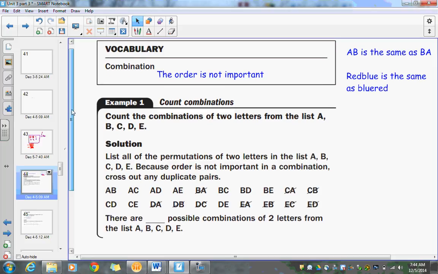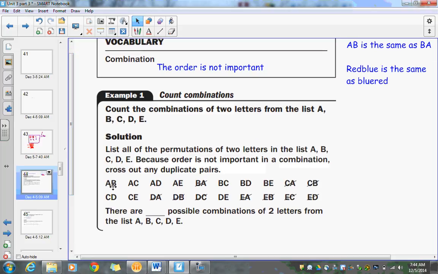All right, let's look at this example here. Now, you have 20 two-letter combinations or pairs. If you notice, some of the groups have been crossed out because we're dealing with duplicates. Notice here, AB, which is right here, and they crossed out BA because the letters are being used.